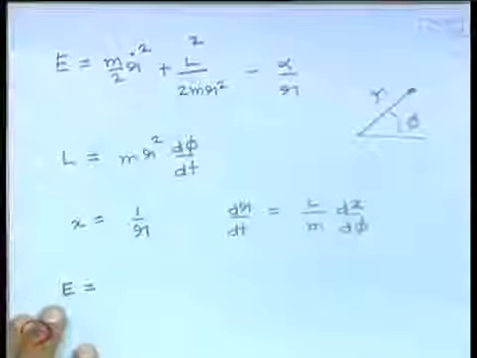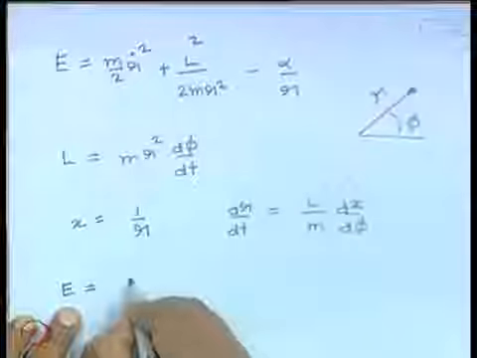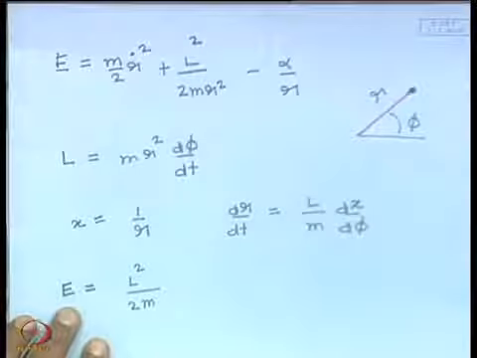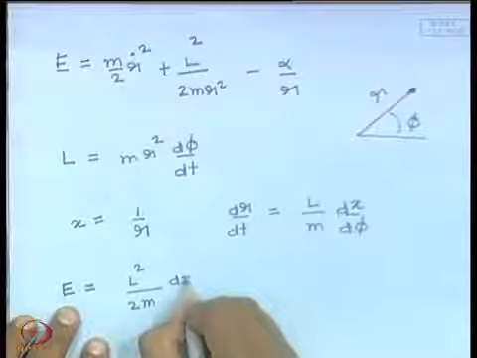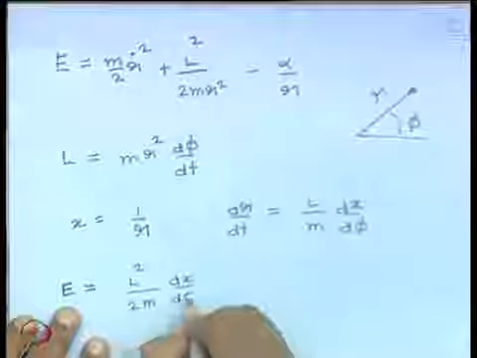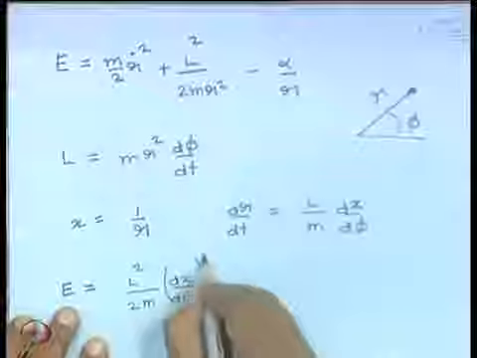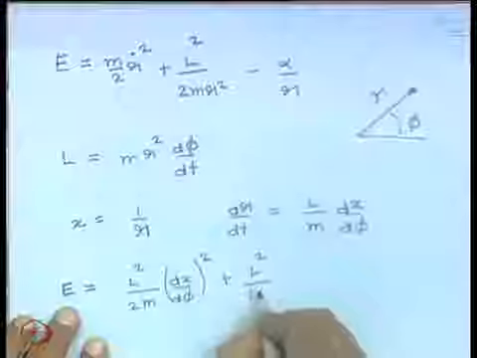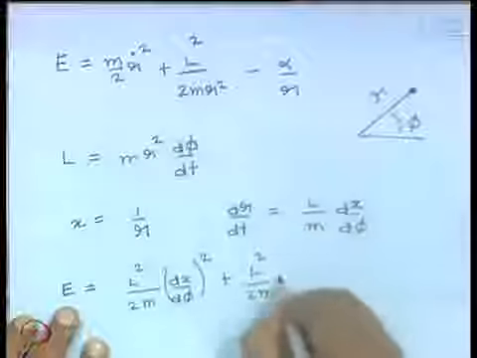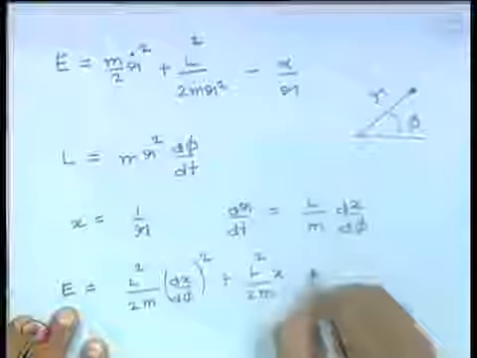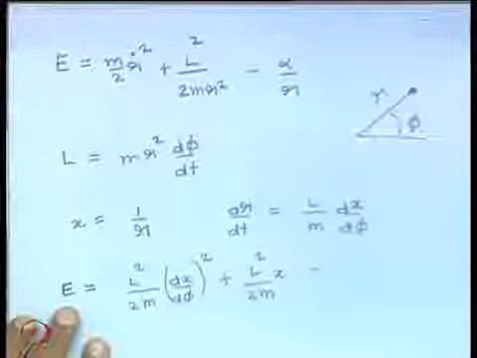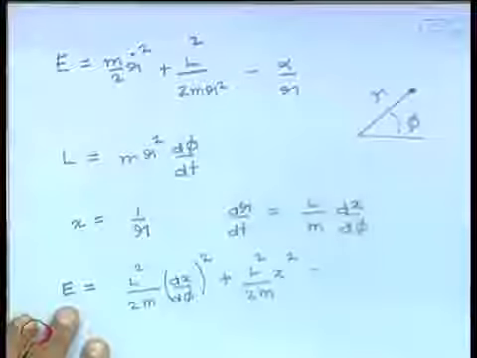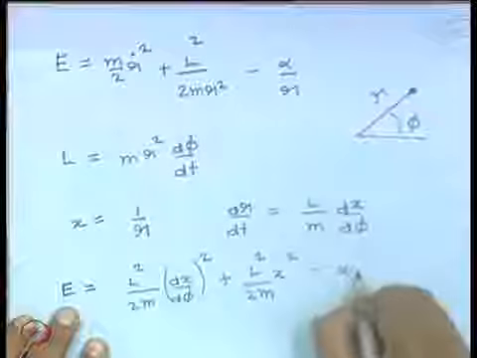The energy is equal to L square by 2m dx d phi whole square plus L square by 2m into x square, where x is 1 by r, minus alpha into x.